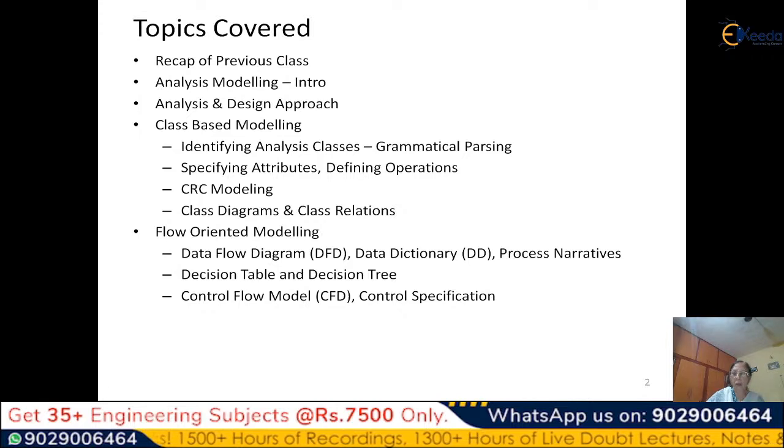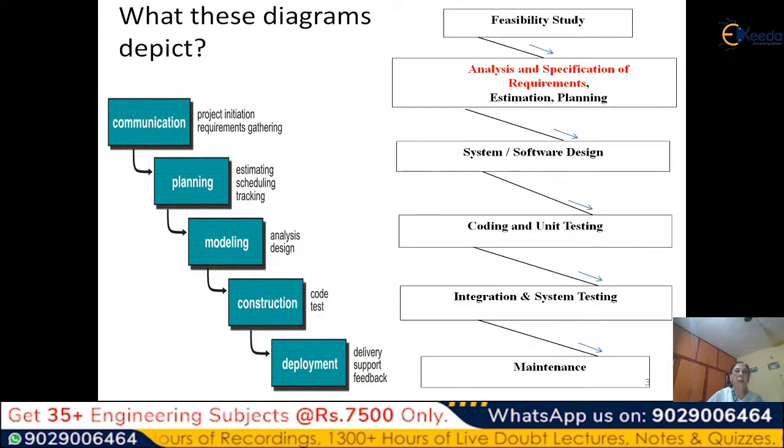So we'll go one by one. If you remember, this is a diagram which I had shown you in one of the earlier classes. I don't know how many of you remember what this diagram is. Who can say that?